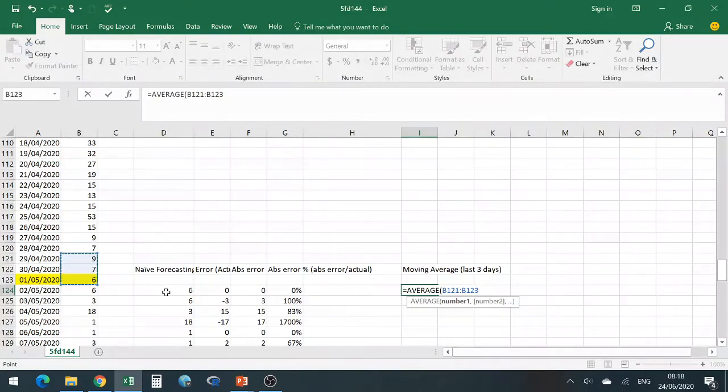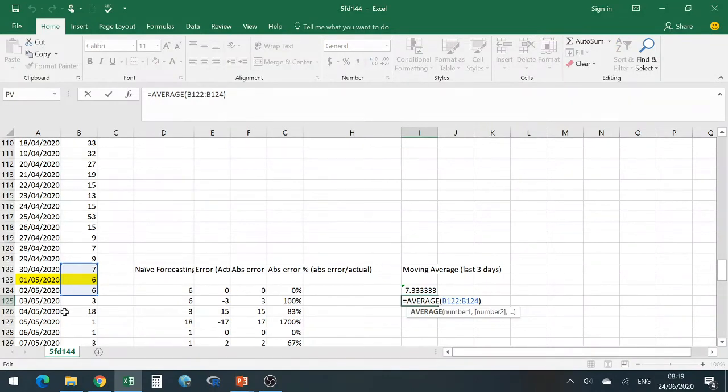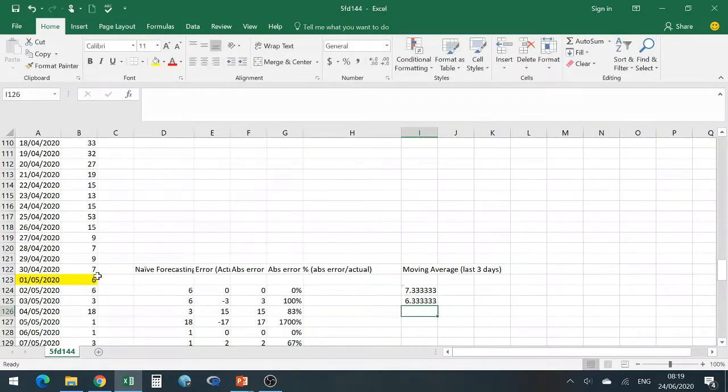Remember, in naive forecasting we just used the number from the day before, but instead of just one day, we make it an average of 3 days. How about the next day? The next day is the same. Instead of taking just one day before, we take the average of the last three days. That's a moving average.